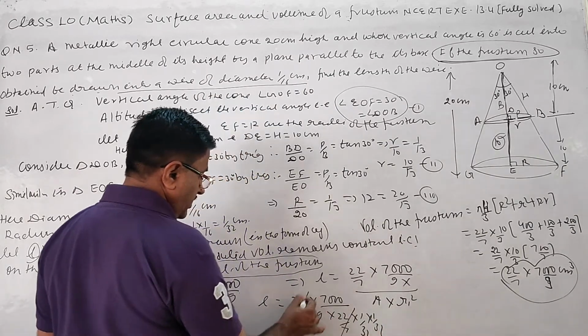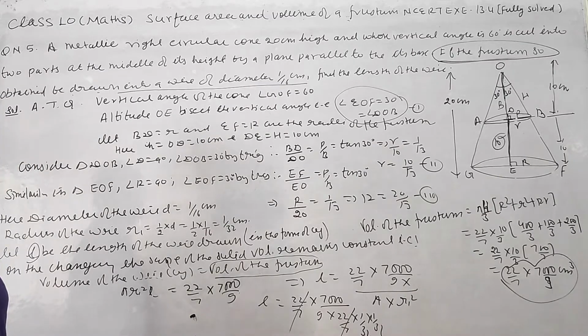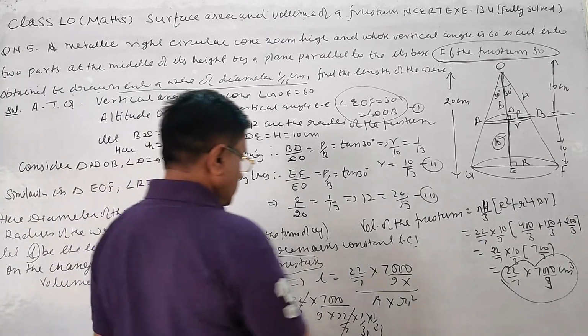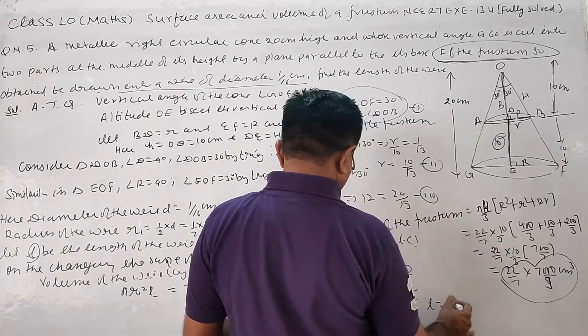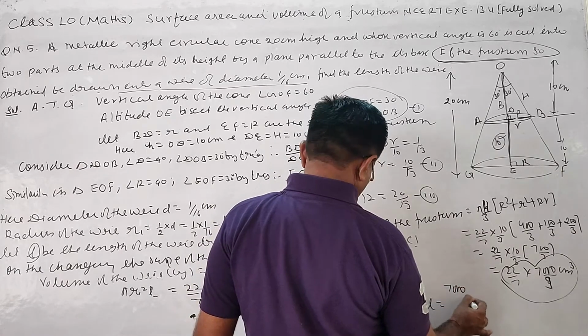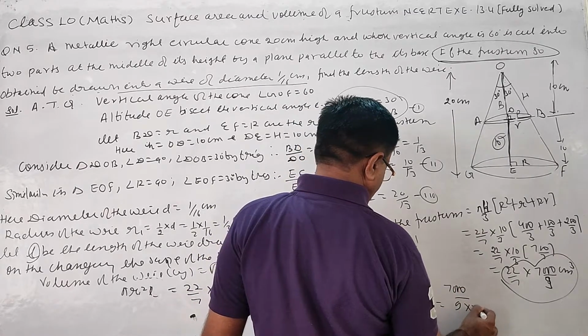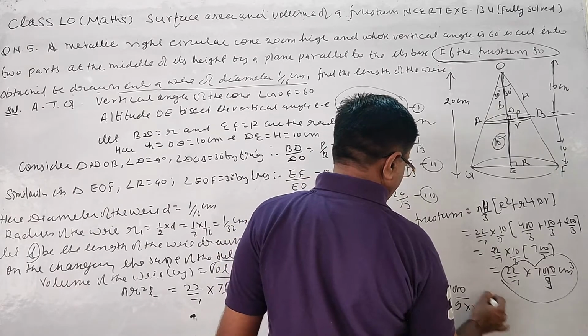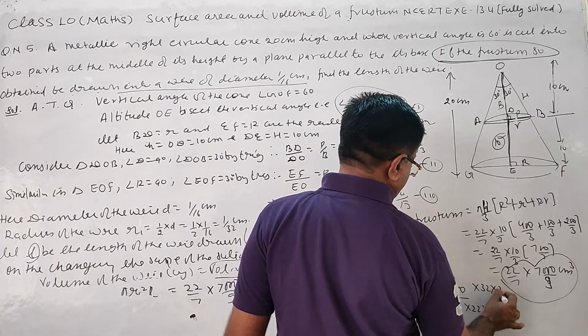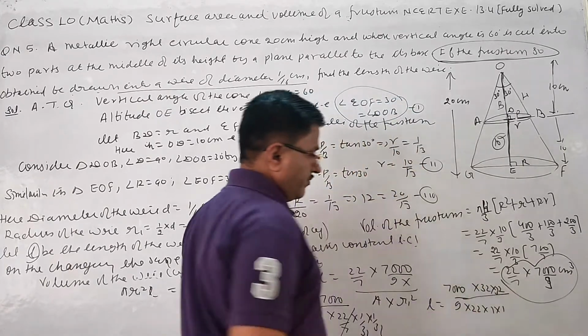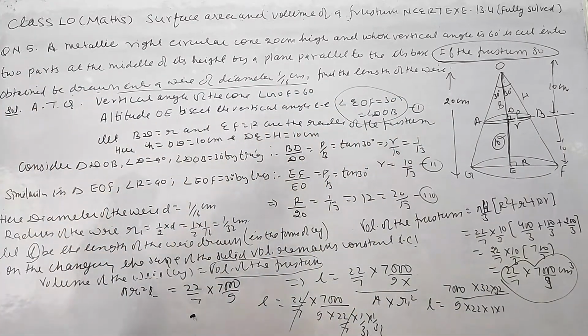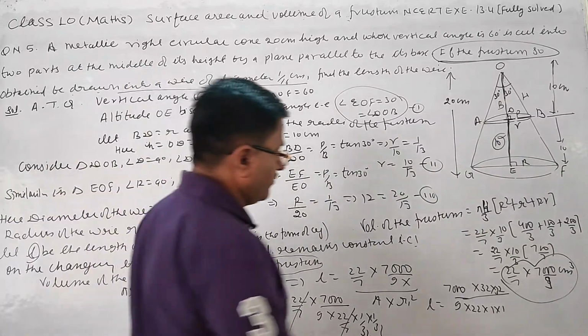So dear student, here 22 by 7 and 22 by 7 are cancelled out. So L is equal to 7000 by 9, and 32 into 32 transfer to the numerator. Clear? 7000 into 32 into 32. So you have to multiply 32 and 7, that will give you 796,444.